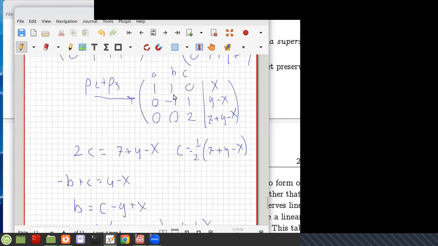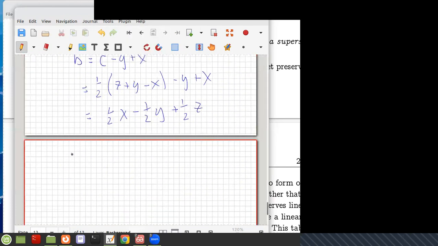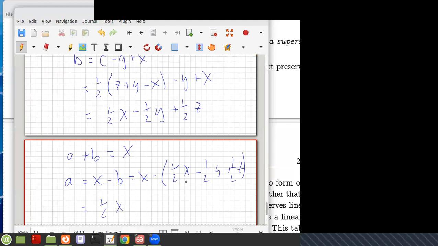and you can see the last equation is a plus b equals x. So a equals x minus b, which equals x minus 1/2 x minus 1/2 y plus 1/2 z. So this equals x minus 1/2 x is 1/2 x.